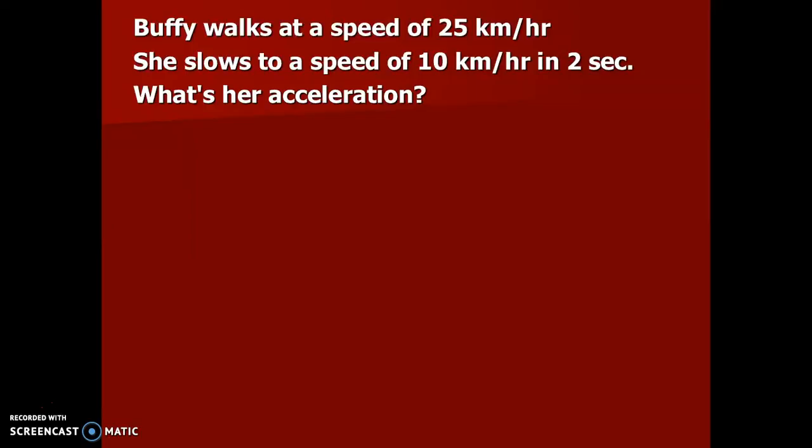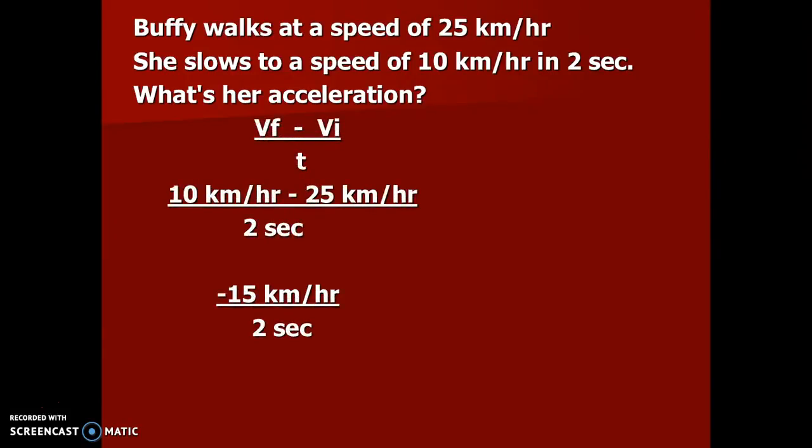Buffy walks at a speed of 25 kilometers per hour. She slows to a speed, which you should know is deceleration, of 10 kilometers per hour in 2 seconds. So we want to know what her acceleration is. Final velocity minus initial velocity. So she's starting at 25 kilometers per hour. Put that on the right-hand side for VI.